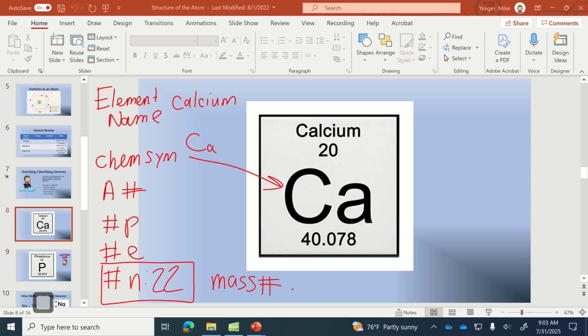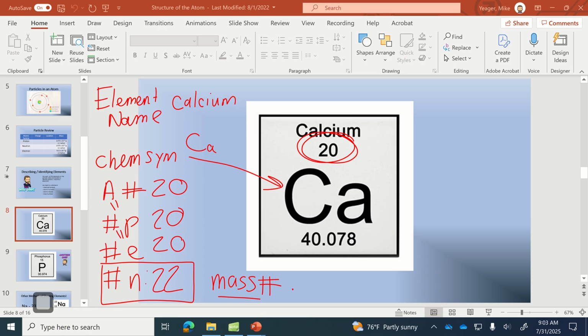The atomic number is that whole number at the top, 20. If the atomic number is 20, the number of protons is 20. And I don't say anything about ions in here, so I'm assuming this is neutral. The number of electrons is 20. Remember, all three of these things are equal to each other.